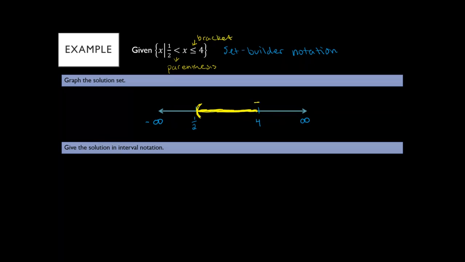So I'm going to have a bracket facing the shading. And then that's my graph. In Connect Math, you have to put both symbols in first before you do the shading. So make sure you've got the parenthesis there and the bracket there, and then you click to do the shading.